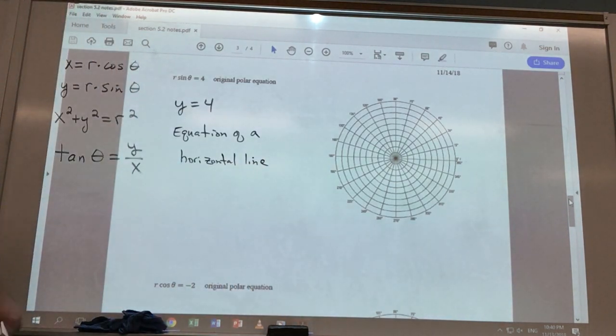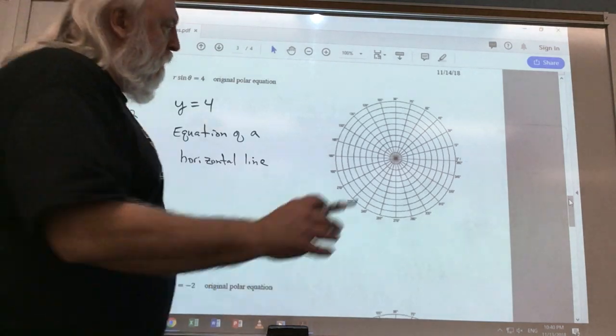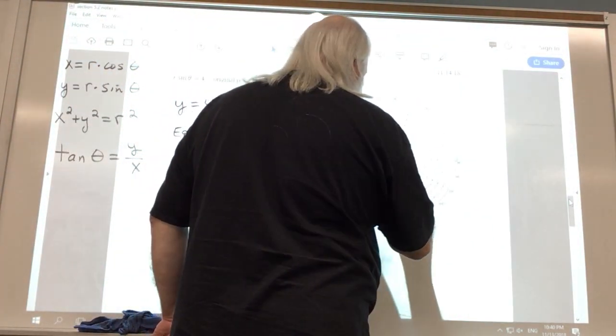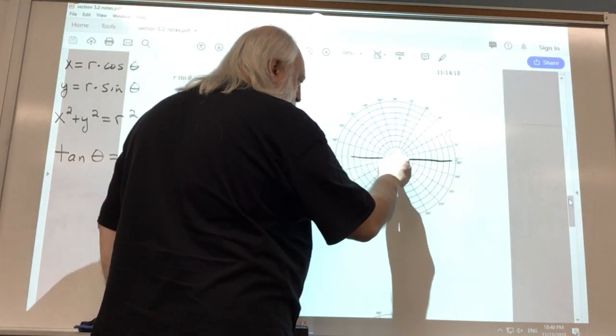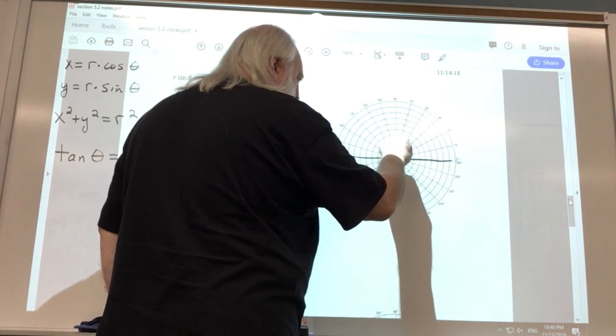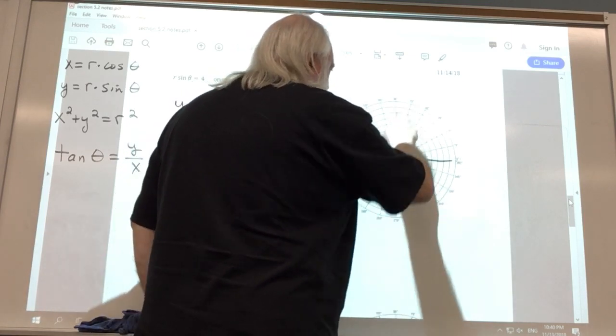So again, to graph this horizontal line, I'm going to impose a coordinate plane on top of the polar grid. Drawing the y-axis is really difficult.